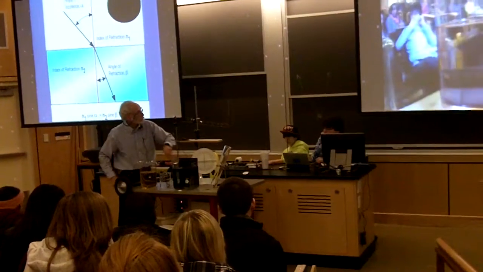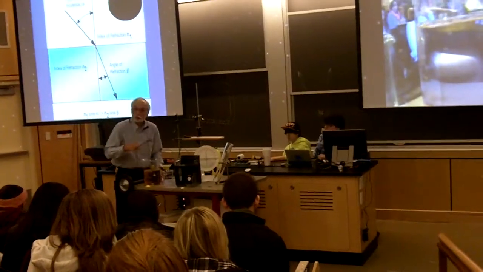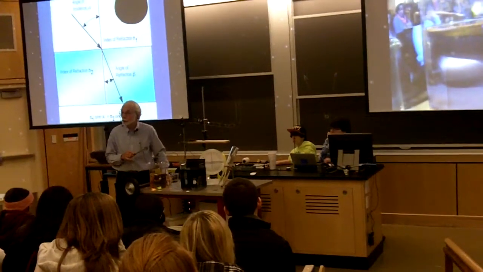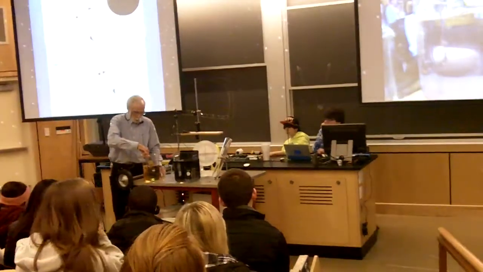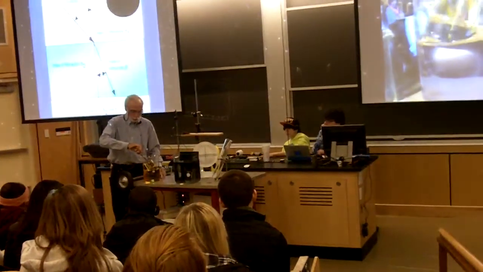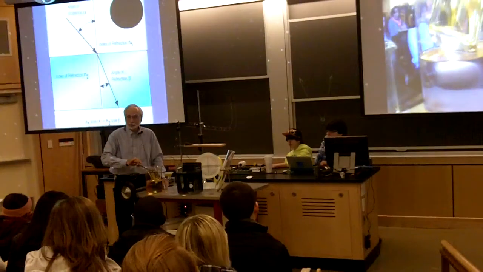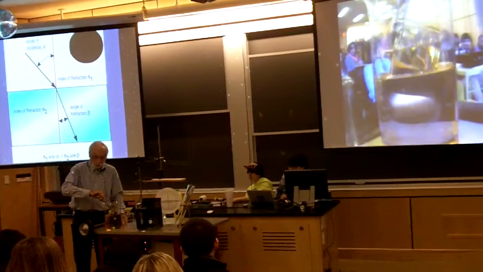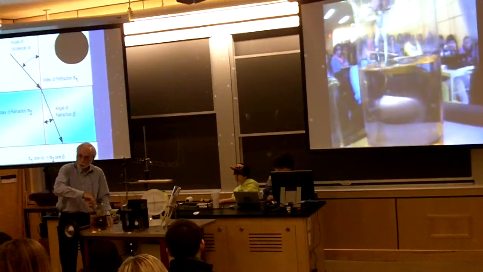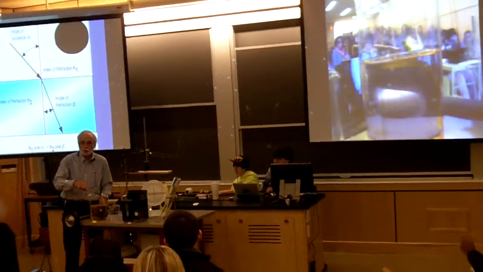And so here's our corn oil. And we say, all right, if we put the Pyrex in the corn oil, well, you know what? We already have the Pyrex in the corn oil. Okay? So this is invisible in this. Okay?